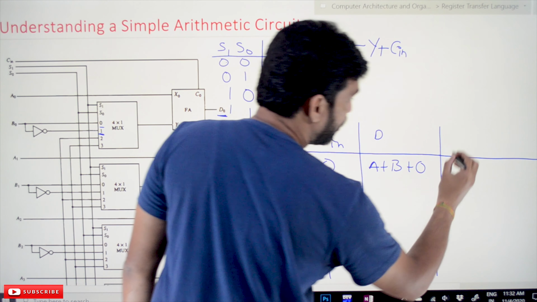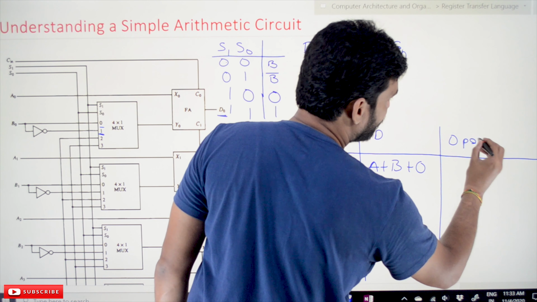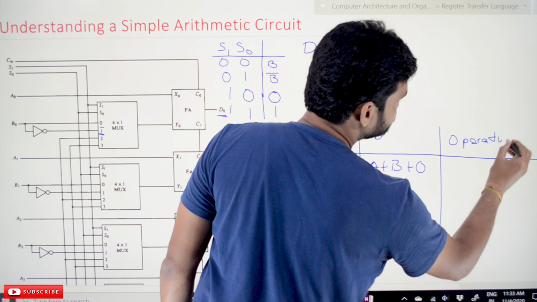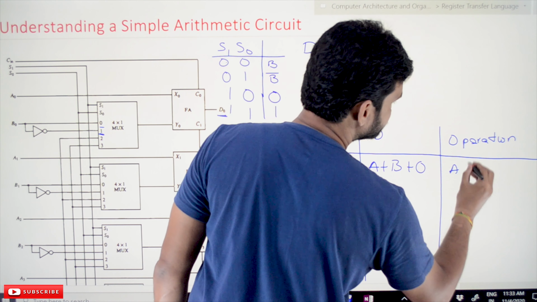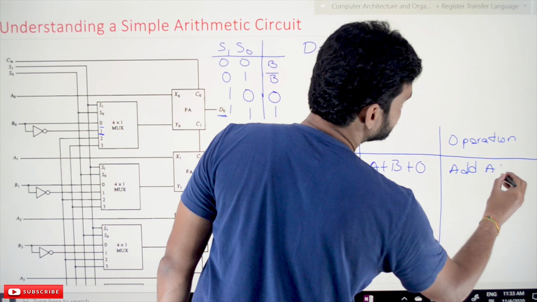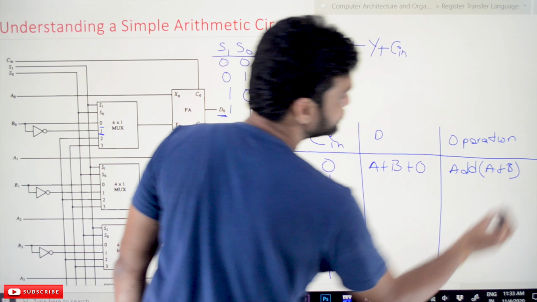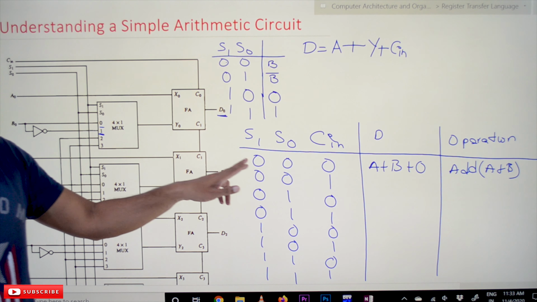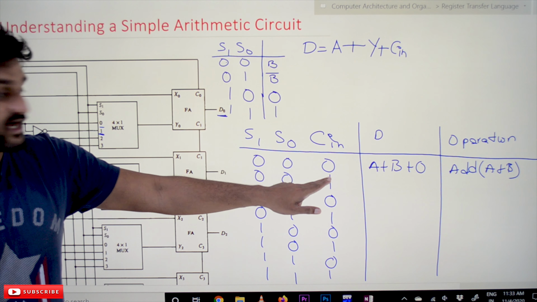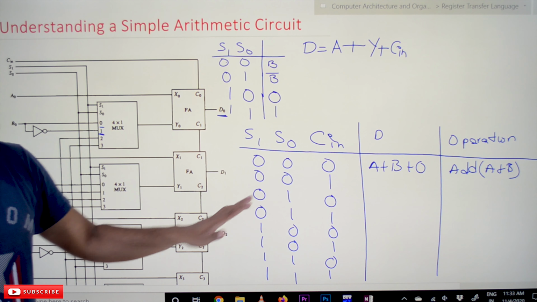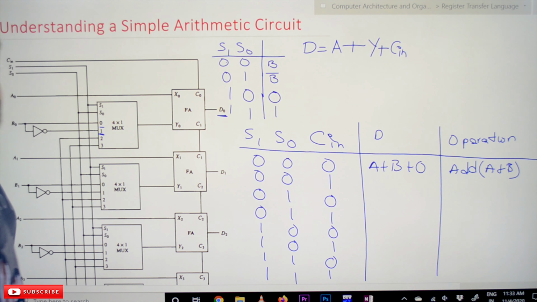So what is the operation that it is going to do? The operation is add. It is going to add A plus B whenever the value of S0, S1 and Cin is 0, 0, 0. The next value is S0, S1 equal to 0, 0 and Cin equal to 1.